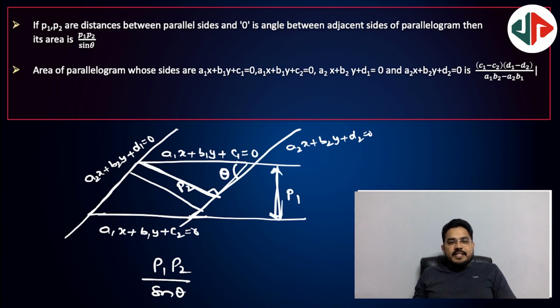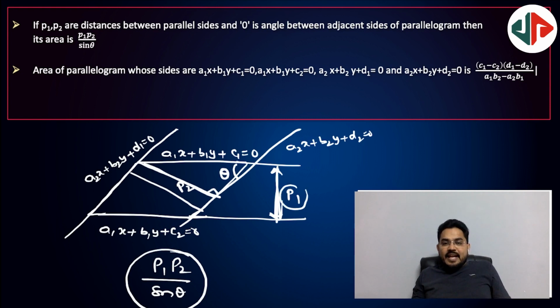So base is P1, height is this one, P1 by sine theta. So the area of the parallelogram is P1 P2 by sine theta. P1 is c1 minus c2 by root over a1 square plus b1 square.